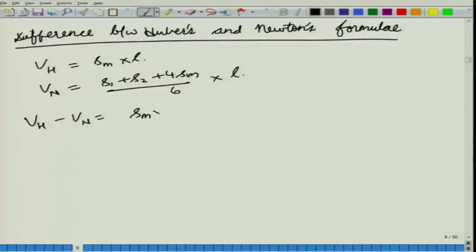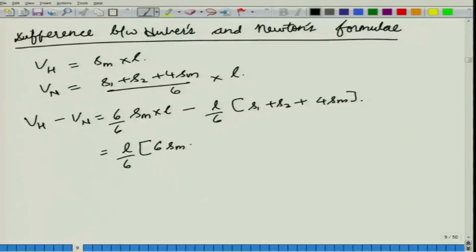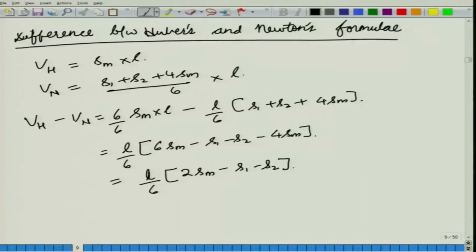We get Sm into L minus L by 6 (S1 plus S2 plus 4 times Sm). So, multiplying it by 6 by 6 and taking L by 6 common, we get (6 times Sm minus S1 minus S2 minus 4 times Sm), which is equal to L by 6 (twice of Sm minus S1 minus S2), or we can write it as minus L by 6 (S1 plus S2 minus twice of Sm).